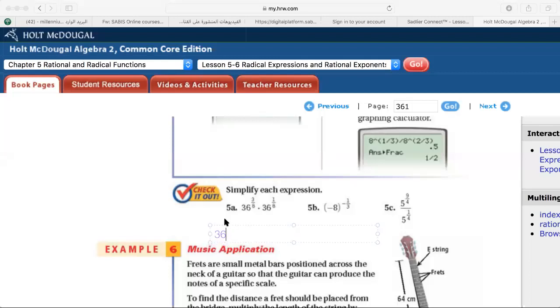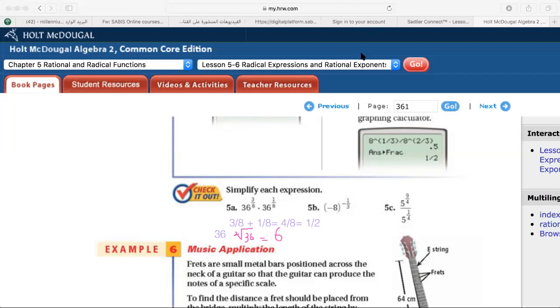I will add the exponents: 3 over 8 plus 1 over 8, which is equal to 4 over 8, which is equal to 1 over 2. 36 to the power 1 over 2 means the square root of 36, and the index is like the denominator, so it is equal to 6.